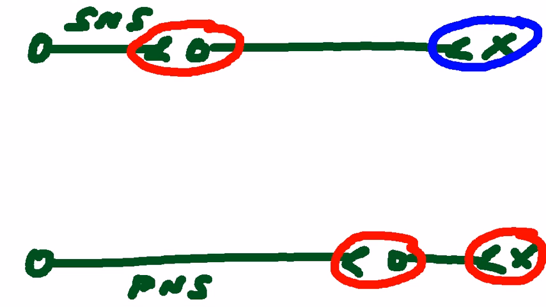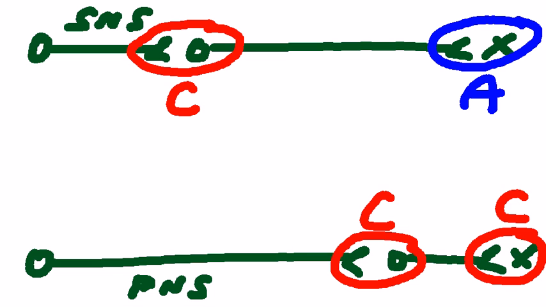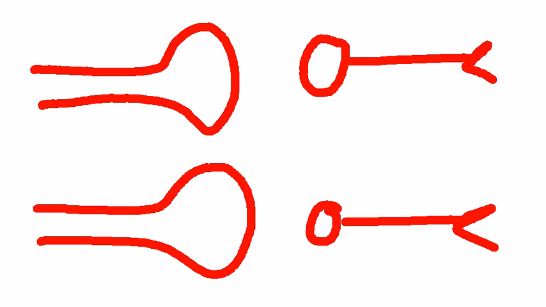Now we need to address the issue of nicotinic versus muscarinic. So let's say we're looking at two cholinergic synapses here, and all that cholinergic means is that the presynaptic neuron releases acetylcholine into the synaptic cleft.